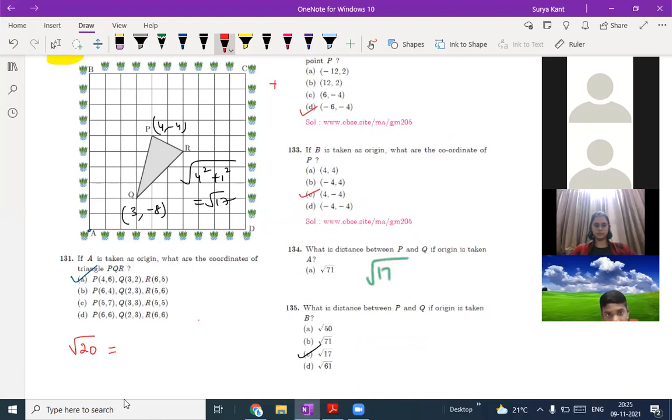I'm giving options: 5 root 2, 2 root 5, 3 root 5, 4 root 5. Which is the correct answer, Teja? 2 root 5, correct?